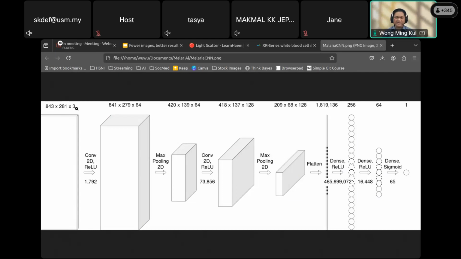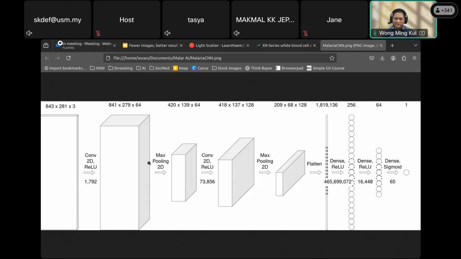After the first convolutional layer, the data has been transformed into a different format: 841 pixels times 279 pixels times 64 layers.